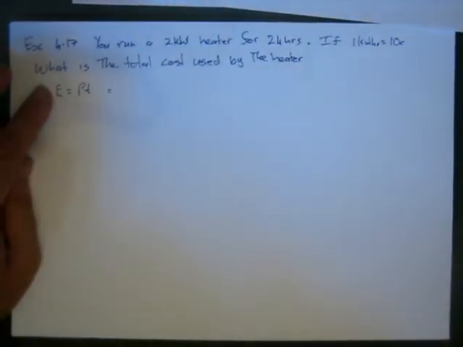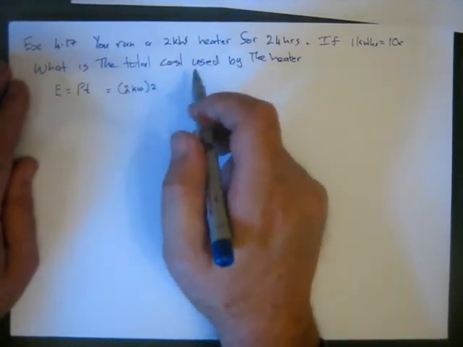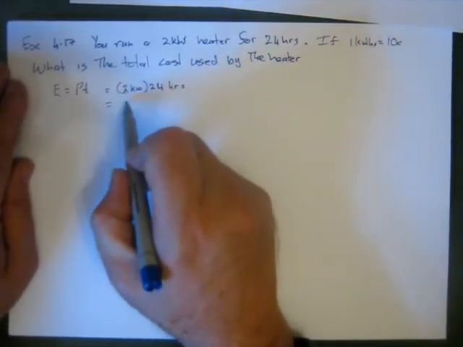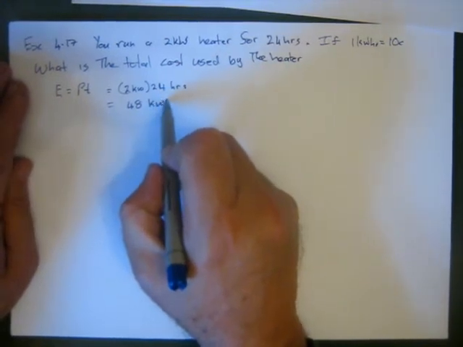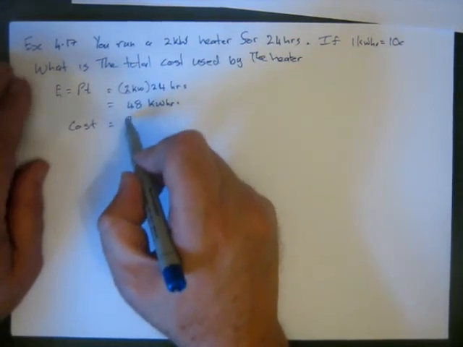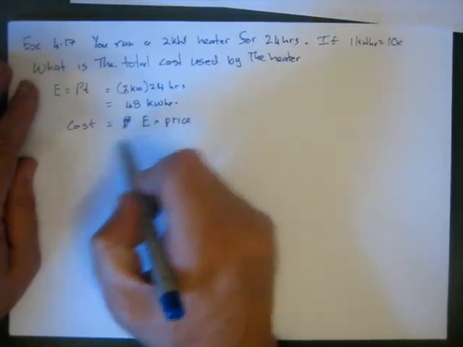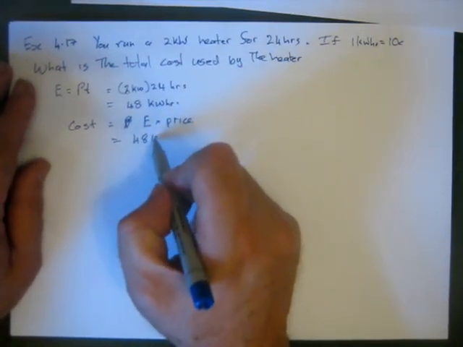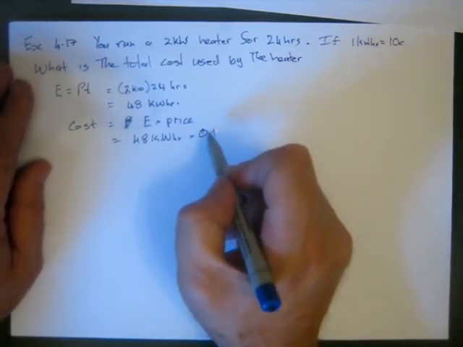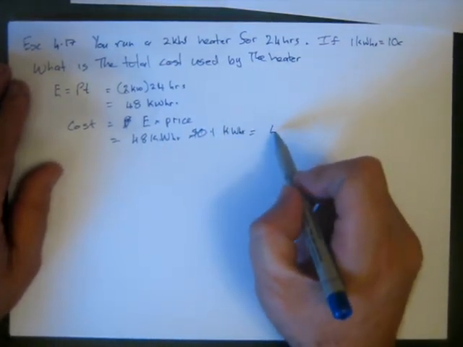So that's going to be 2 kilowatts times 24 hours equals 48 kilowatt hours, and the cost is going to equal the energy times price. So it's going to be 48 kilowatt hours times $0.1 per kilowatt hour equals $4.80.